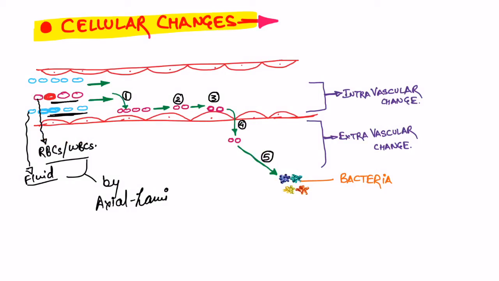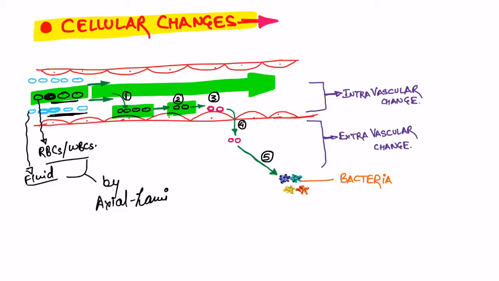So friends, here I am going to give one example so you can easily understand. If these WBCs are present in the central part of the blood vessels, they have to come to the periphery. This is the first part. In the second part, they have to slow down because they are moving very rapidly in the central part of the blood vessels.